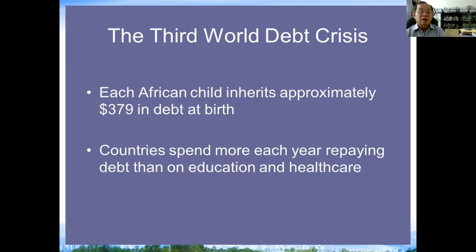So the countries are poor, they need to pay, and when they are born, you already inherit that debt. Each child. So countries spend more each year repaying debt than on education and healthcare. That is a statement from the World Bank.